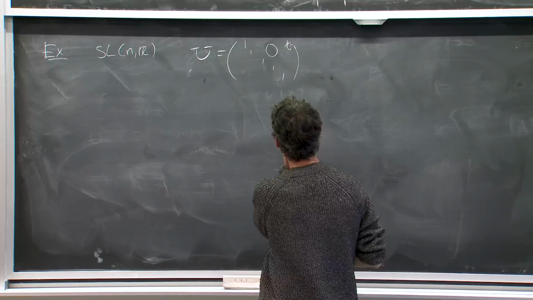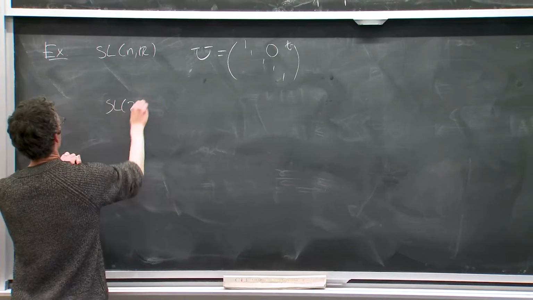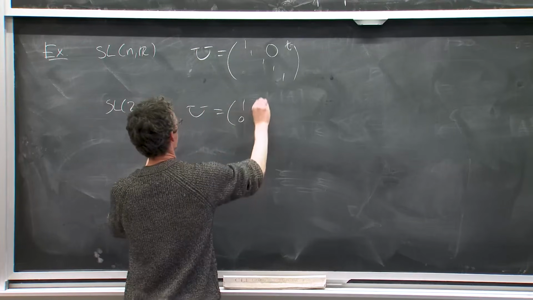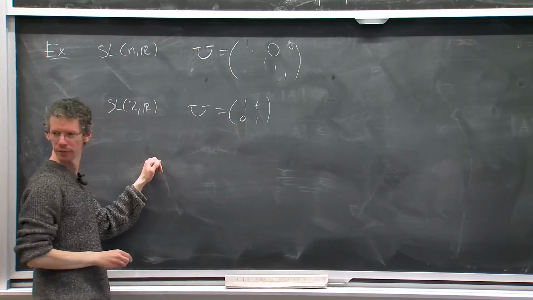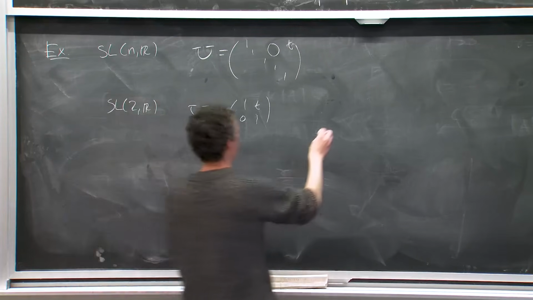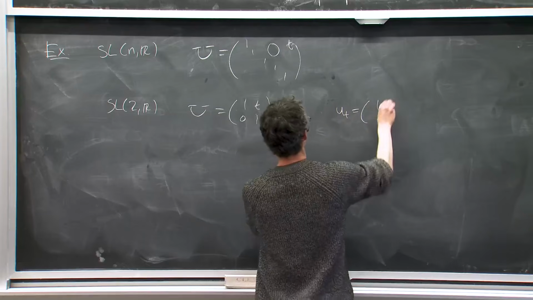OK, what is nice about it? Let's also just, for example, work with SL2R, so U is just this. So what I'd like to do is take, let's say, u_t is (1 t; 0 1).